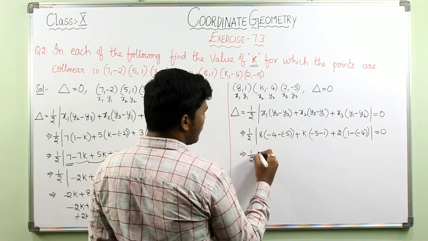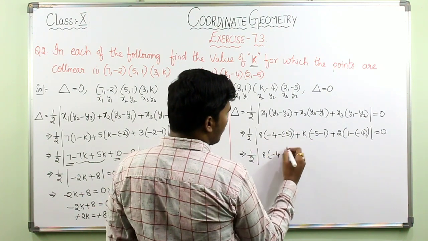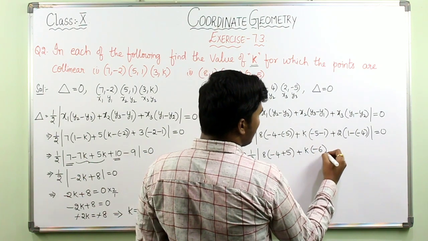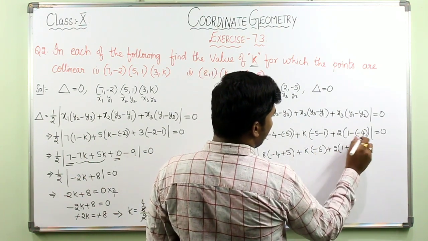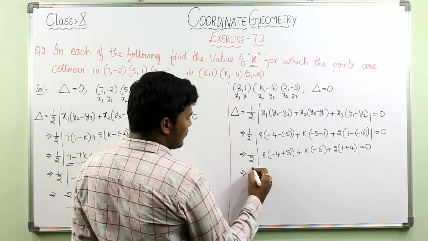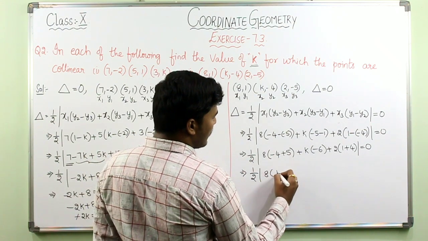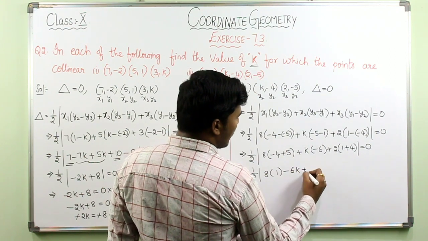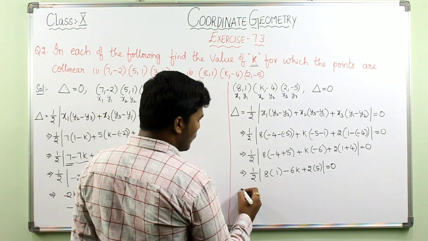Then it implies 1 by 2 times of 8 into minus 4 plus 5, plus k into minus 6, plus 2 into 1 plus 4. Minus into minus will become plus 4, equal to 0. This implies 1 by 2 times of 8 into (5 minus 4 is 1), plus minus 6k, plus 2 into 5, equal to 0.